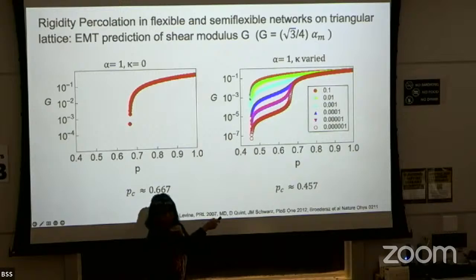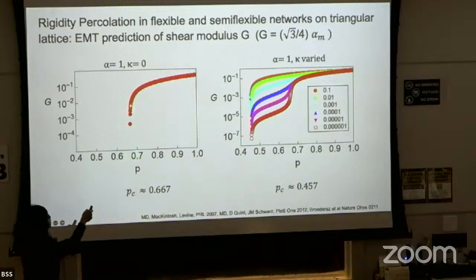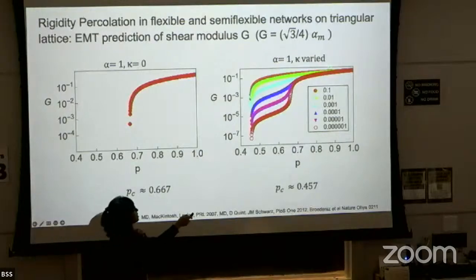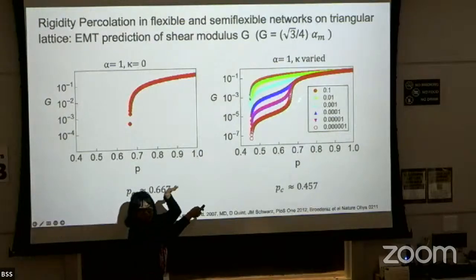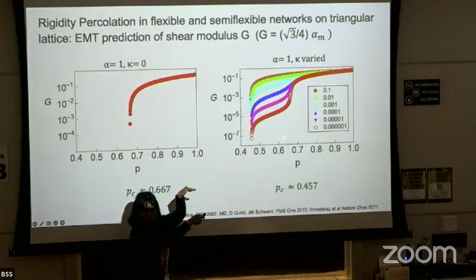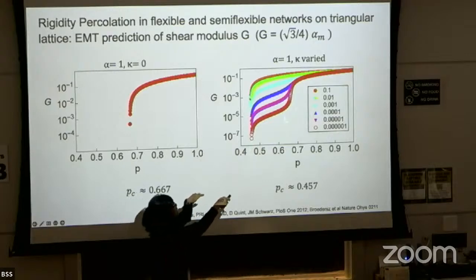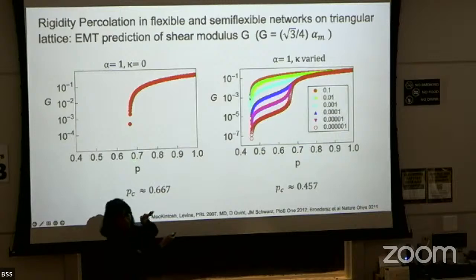And this inflection is happening at the point where it would have gone through the transition if there was no bending. So for very weak bending, it starts dipping like this, but then it realizes there is actually bending, it's not like bending is 0, so it picks up again and then goes through the transition here.